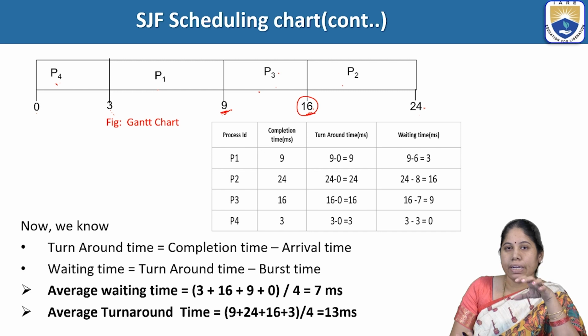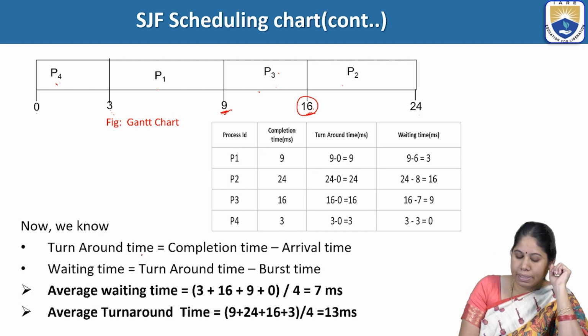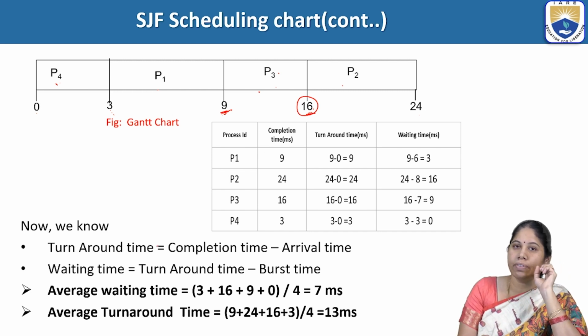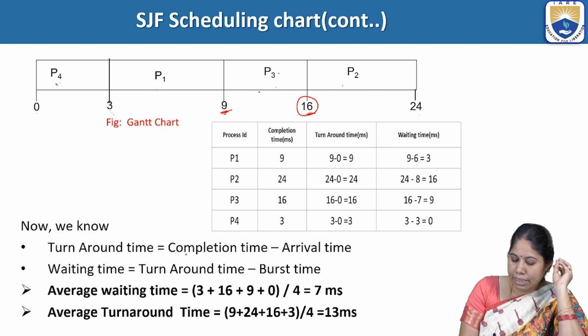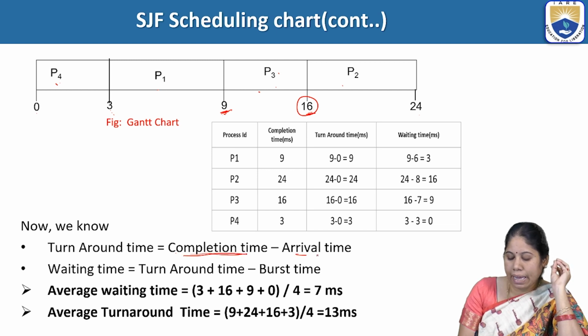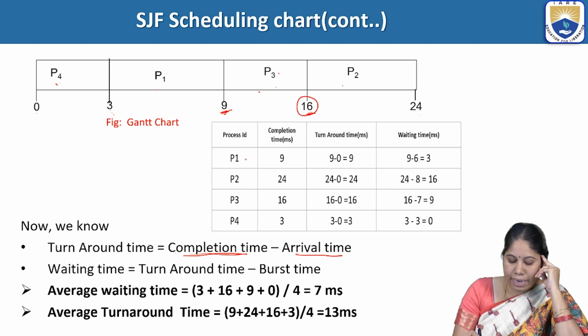We already know the formulas. How do we calculate the turnaround time? The difference between the time of submission and the time of completion is the turnaround time, that is, completion time minus arrival time. For P1, let us calculate the turnaround time.